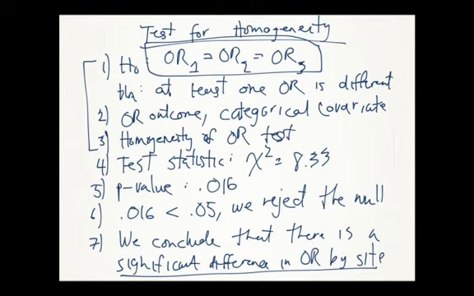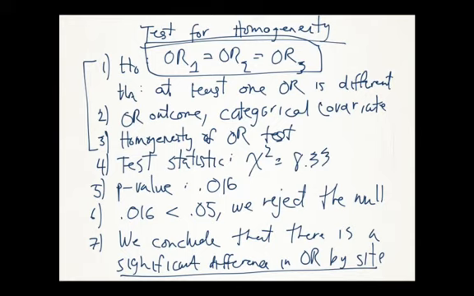So in other words, when we write up our paper, we would say, here's the odds ratio at site 1, here's the odds ratio at site 2, and here's the odds ratio at site 3. We couldn't combine them because our test for homogeneity was significant. Okay? So we report these different odds ratios, and then we want to think about why we got these different estimates. So we might investigate if there's a covariate imbalance across the different sites that could have caused the difference in odds ratios.